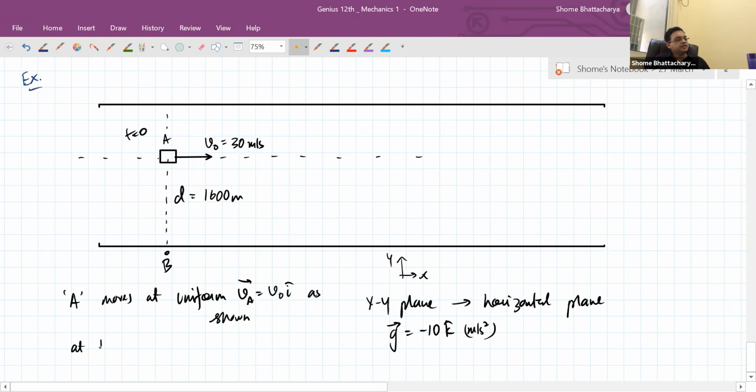Now at t equal to 0, a projectile is fired from B to hit A.